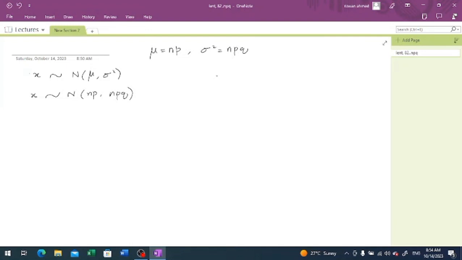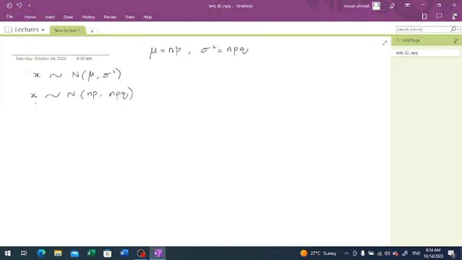This is how we can synchronize the distribution of random variable x if it follows normal distribution and if it follows binomial distribution. Now what is proportion in fact?